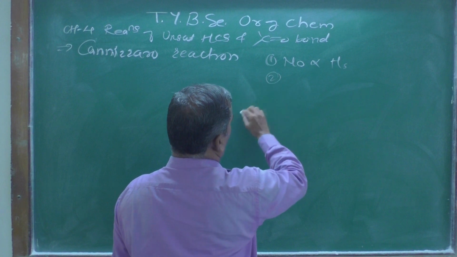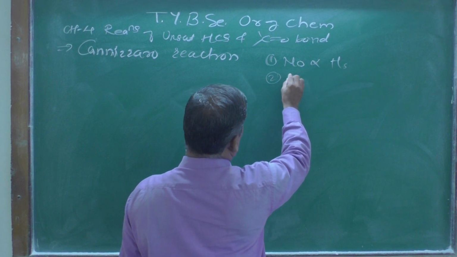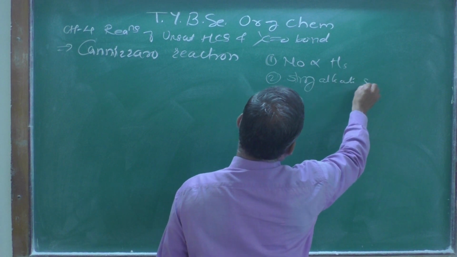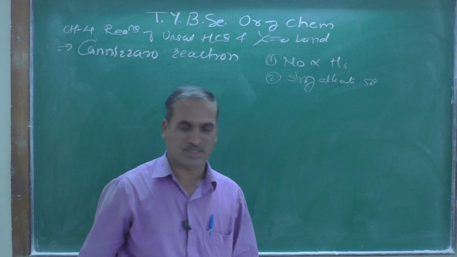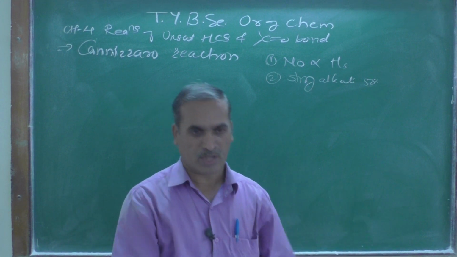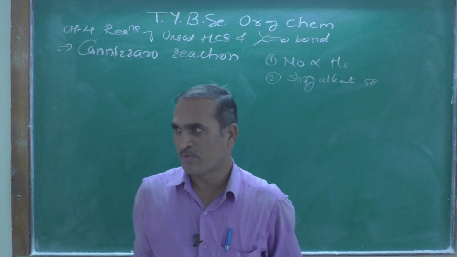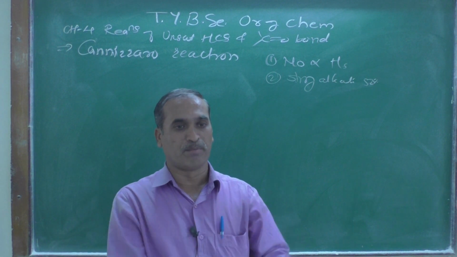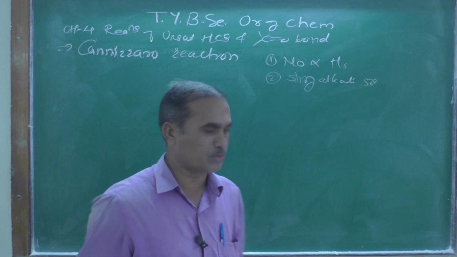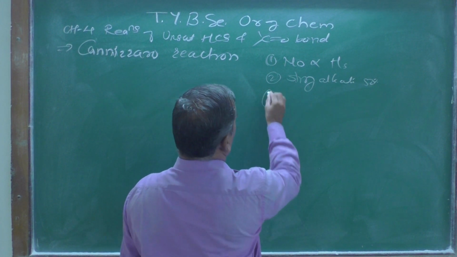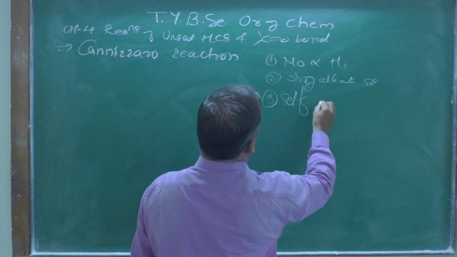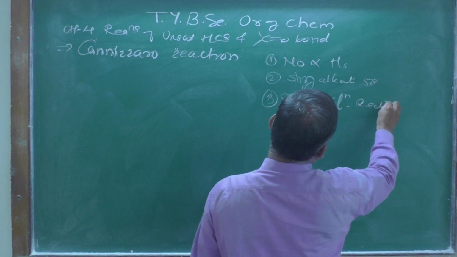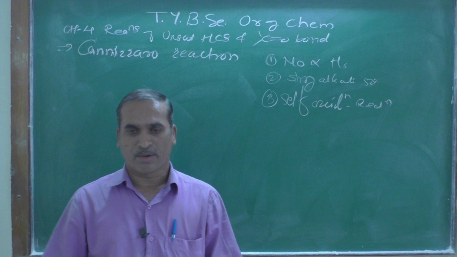Now the second criterion: a strong alkali is used. Strong alkali means a basic medium, nearly 50% sodium hydroxide or potassium hydroxide. That is criterion number 2. And the third one is that self oxidation-reduction takes place.